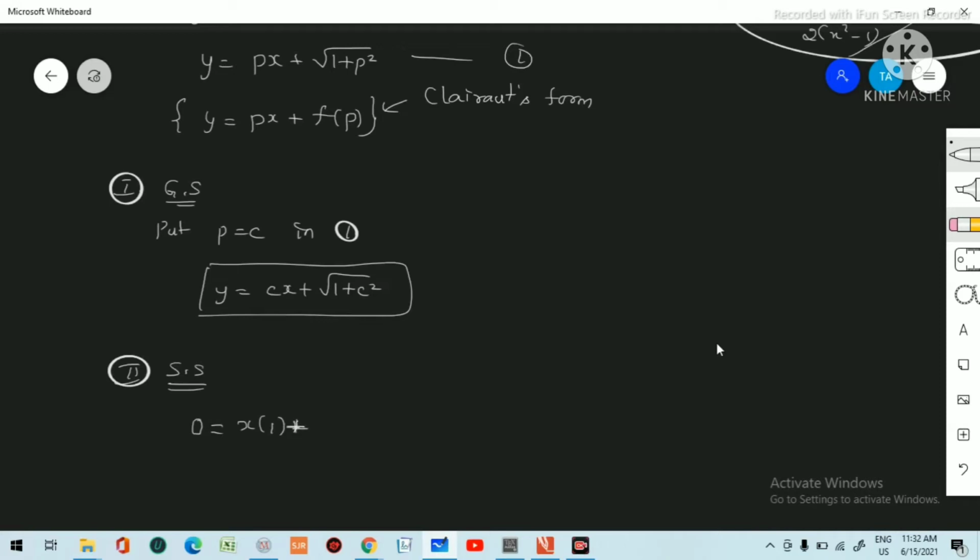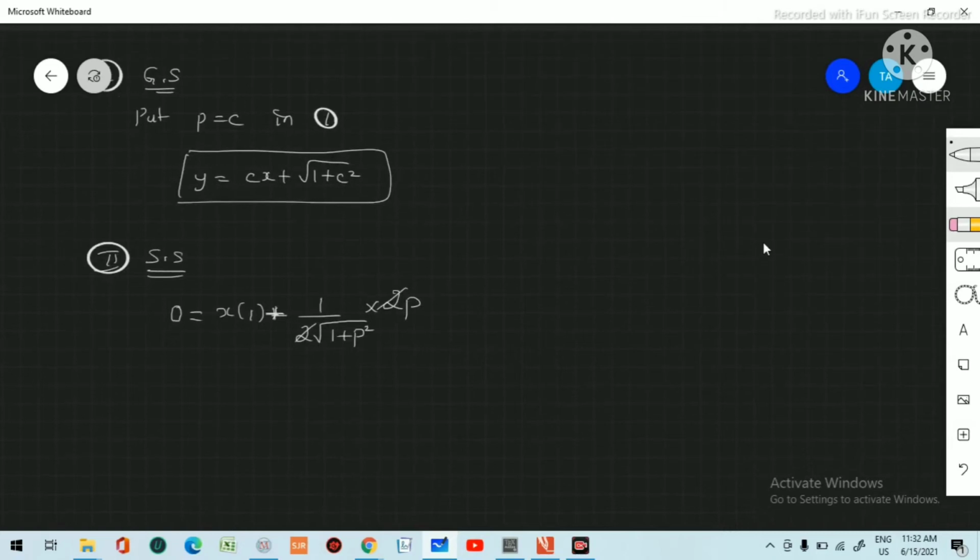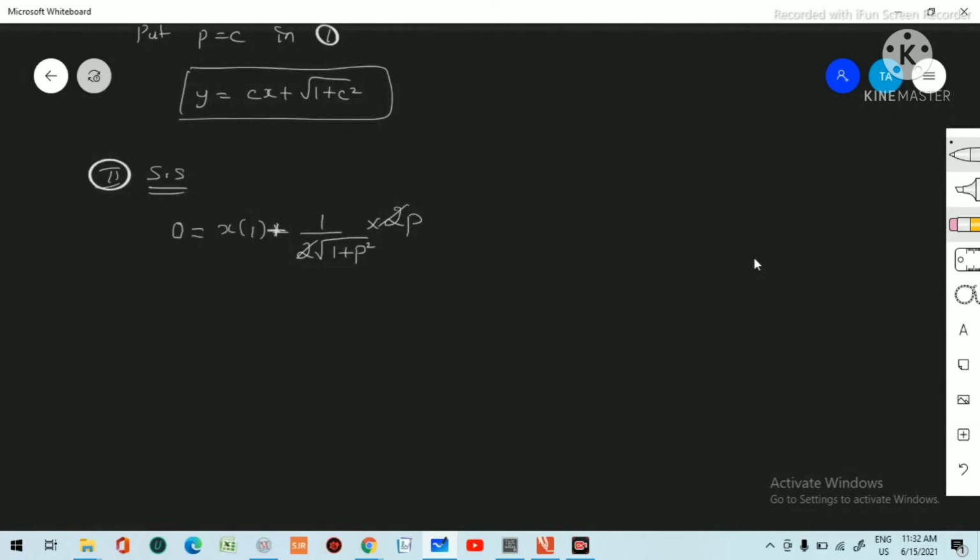can you tell me the next one? Differentiate that part: 1 by 2 square root of 1 plus p square into 2p. So the 2s get cancelled. So I will be remaining with x plus p by square root of 1 plus p square, or minus x is equal to p by square root of 1 plus p square.